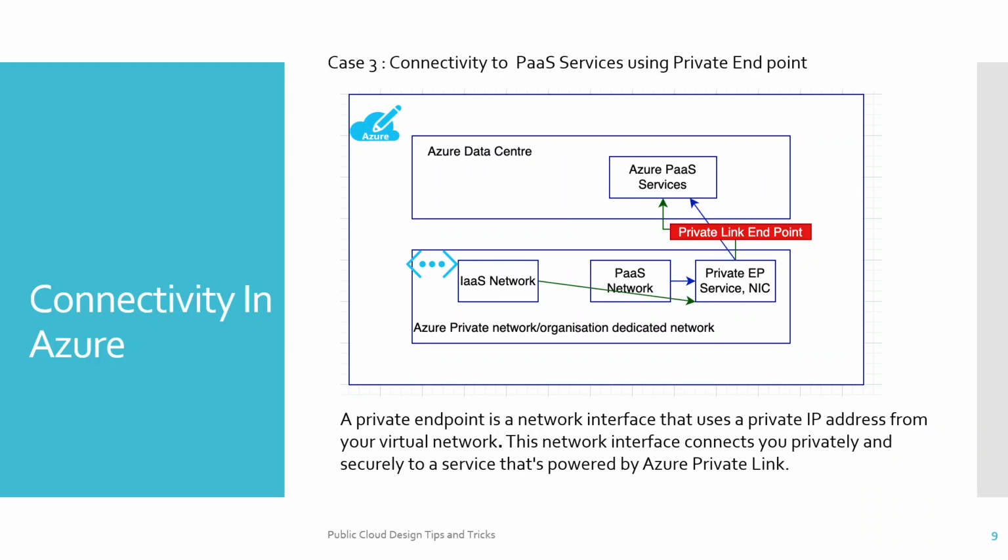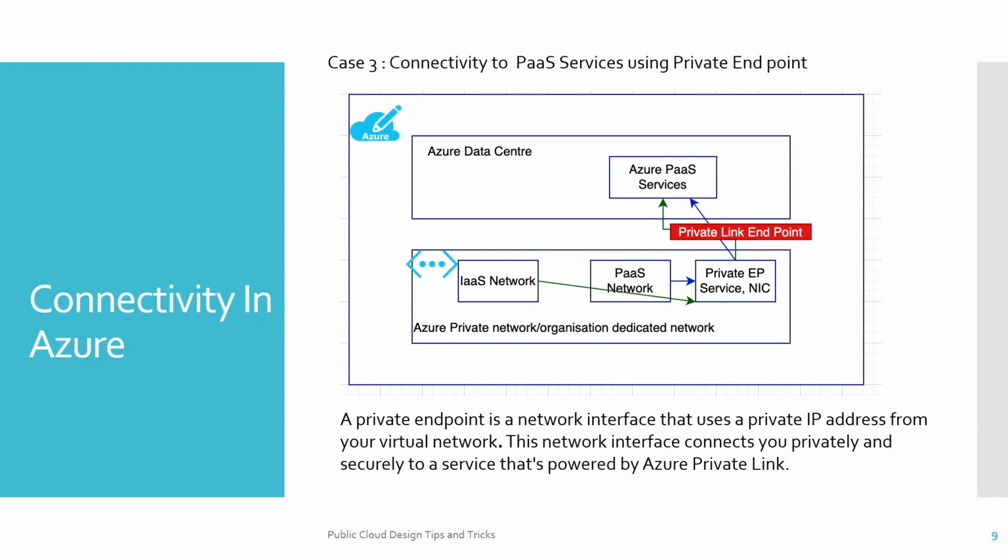Now the same connectivity, if you want to secure it more, then there is another option called private endpoint that can be used. What is a private endpoint? A private endpoint is a network interface, or a network interface card, that uses a private IP address from the virtual network, or the IP sets assigned to the private virtual network. So how does it work?